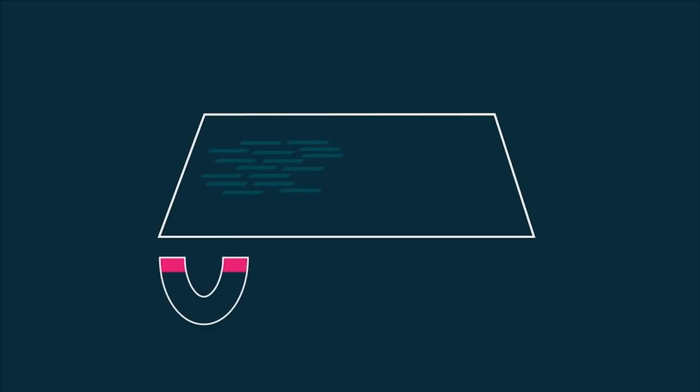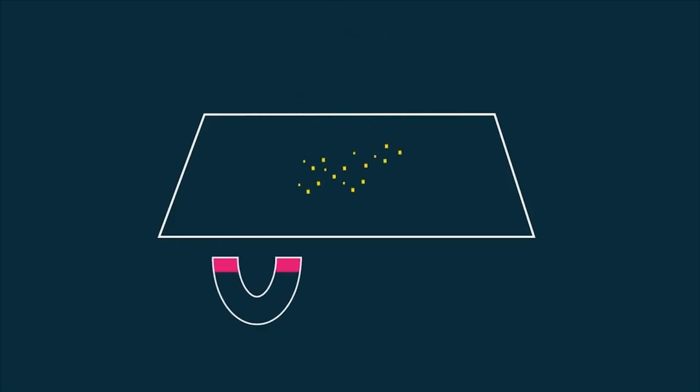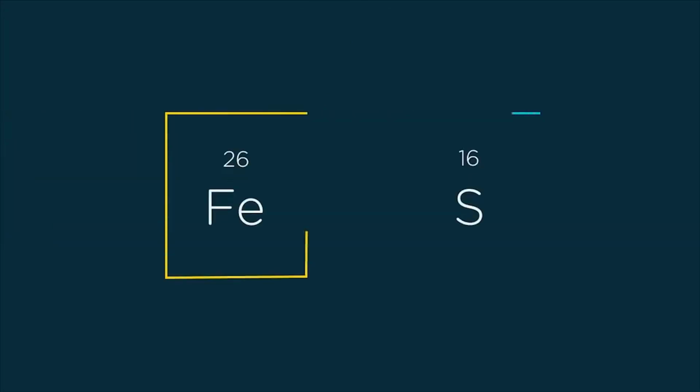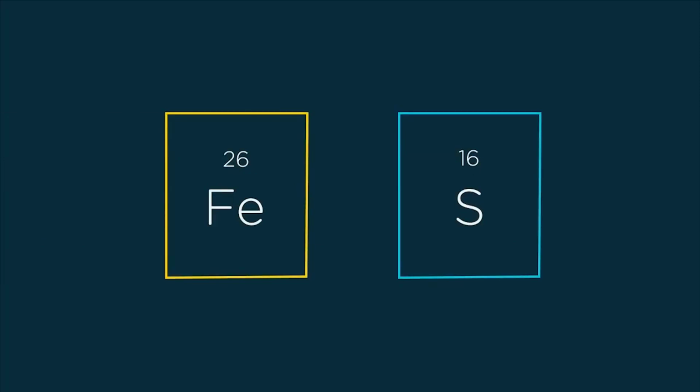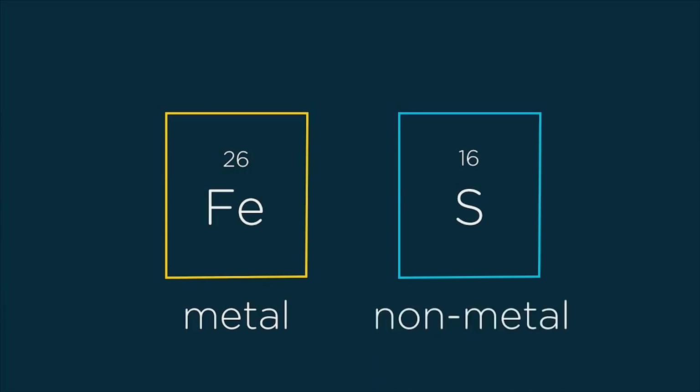You will see that the sulfur is not attracted to the magnet. From these 4 tests, it can be seen that iron and sulfur are 2 completely different elements and behave differently in the 4 tests. Iron is a metal element and sulfur is a non-metal element.